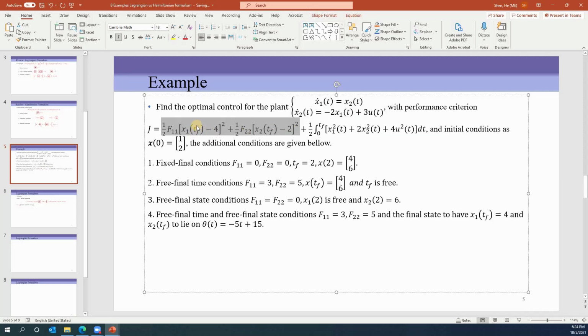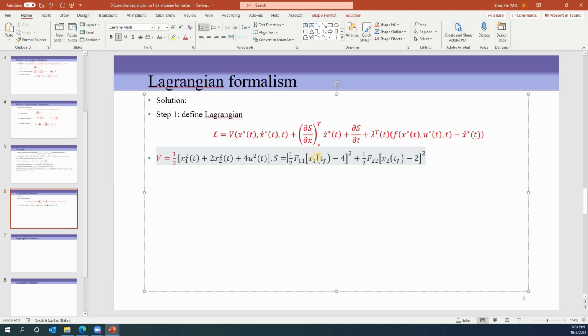But remember, function S is a function of x, not a function of x(tf), because we need to put that into the integration so that we can use the former result to derive some results. S is a function of x1(t) plus half f22 times (x2(t) minus 2) squared. So this is our S function.